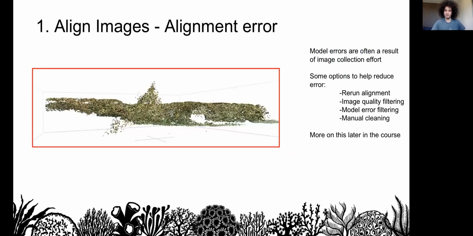Again, here's a quick example of a sparse point cloud that has a major alignment error. We won't go through how to fix this issue right now, but we will talk about how to fix some of these problems to create cleaner models later in the course and through the lab sessions.